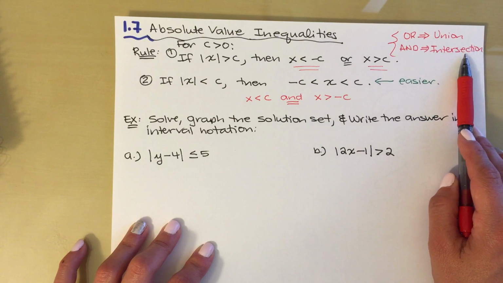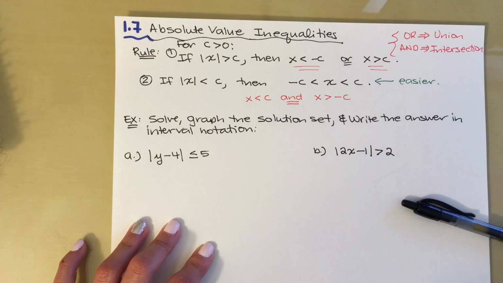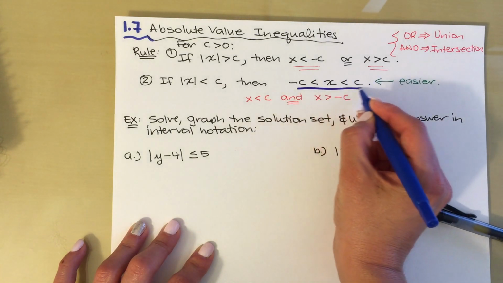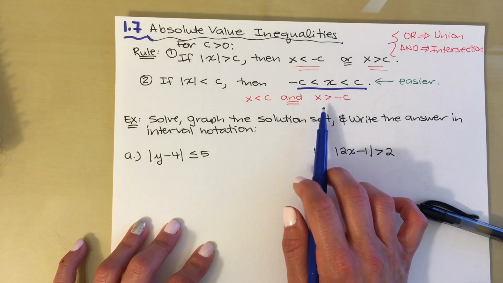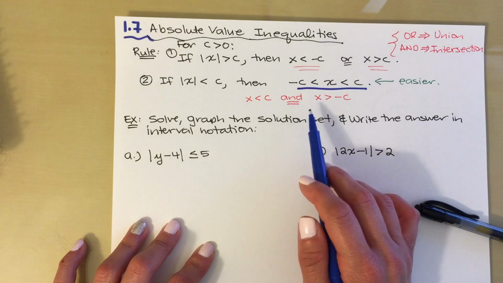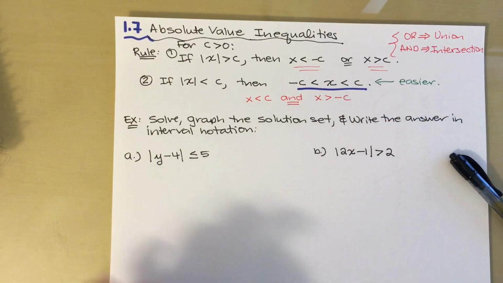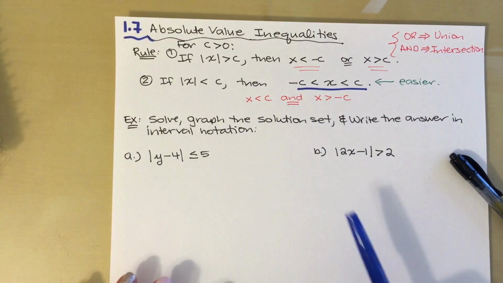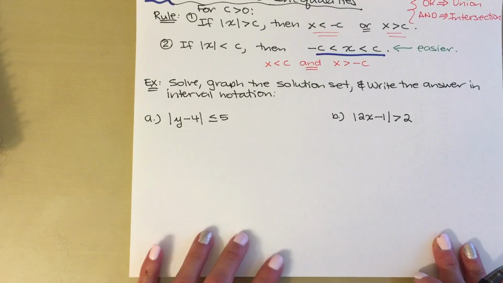And means intersection. But notice that I wrote easier. So this way right here is the easiest way to do it. But if you wanted to, you can break them up. You have to put the word and. So there's a big difference between or and. So make sure you know which one is which, because if we write the incorrect word, then our work will be wrong.